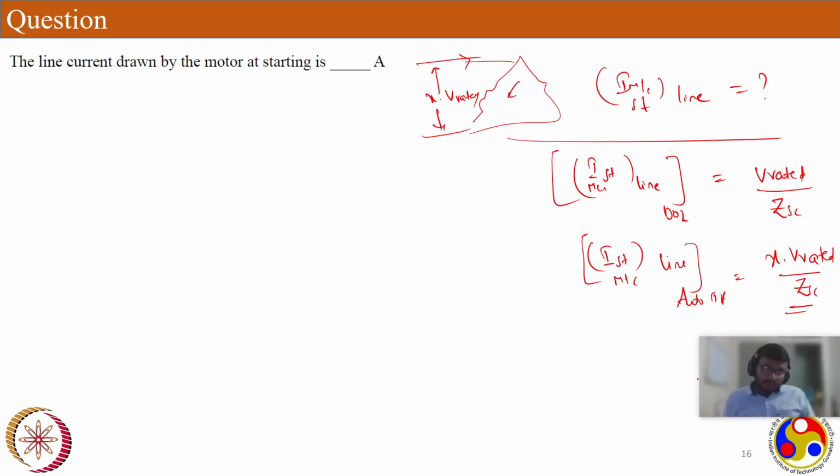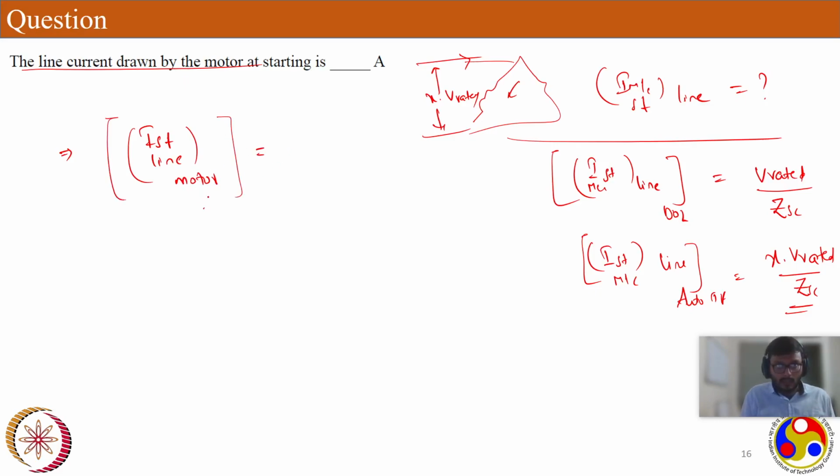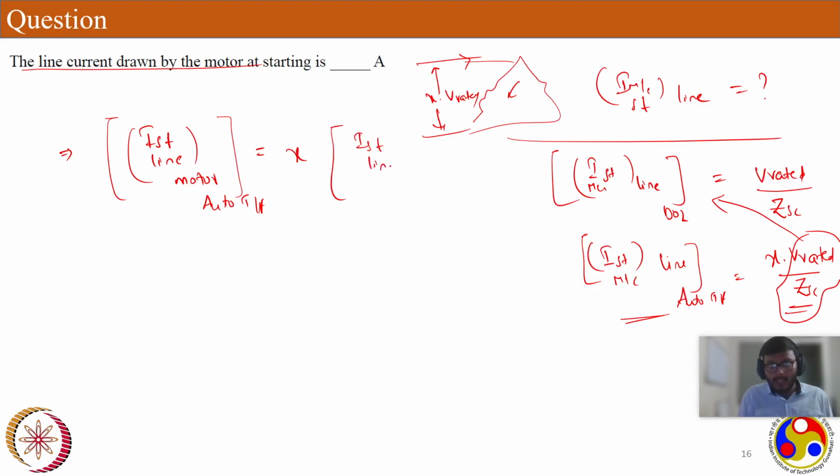So now from this I will write the line current drawn by the motor at the starting. That's what the question is. At the starting, I starting line current drawn by the motor in case of auto transformer, from this one we can see, this particular V rated by ZSC is nothing but the starting current drawn in DOL. So it is X times the I starting line current drawn by the motor in case of DOL starting method.